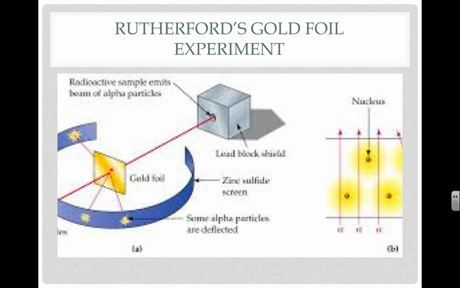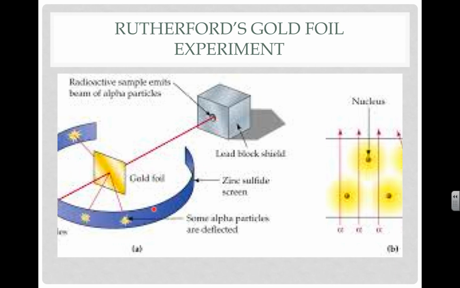And what he finds is that most particles go straight through, about 99% of them, and some of them are deflected towards the sides or back towards him. They're collected all around here.